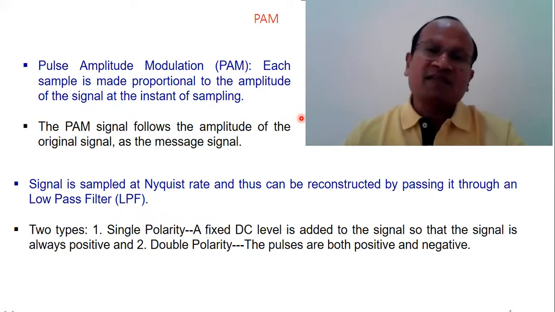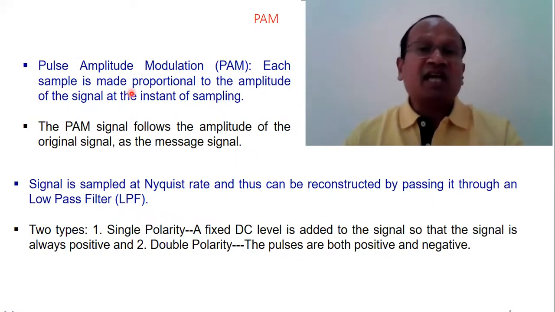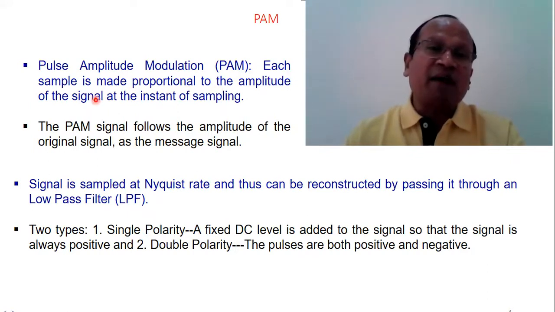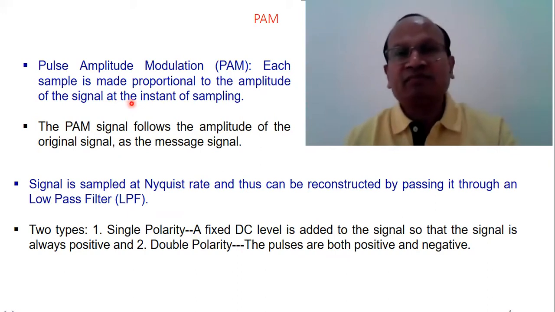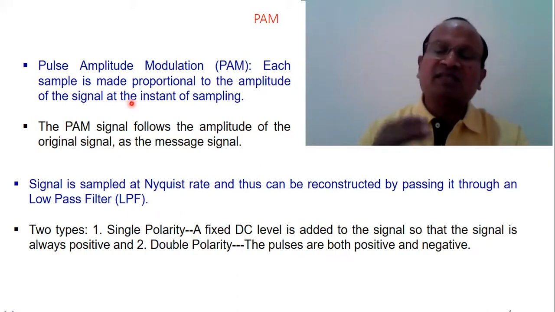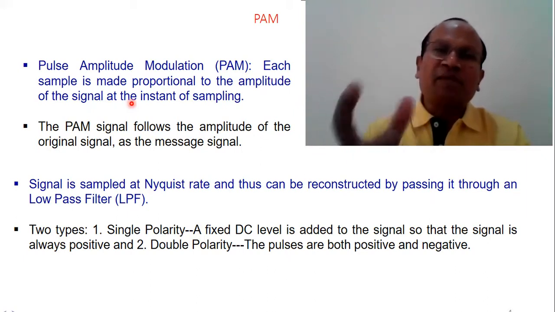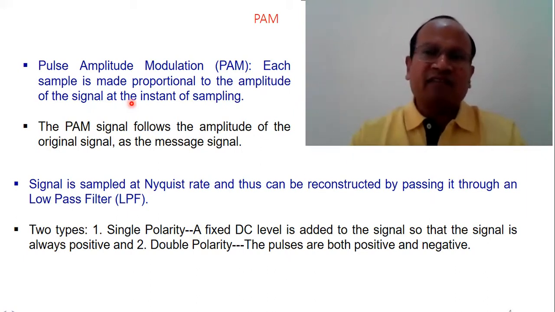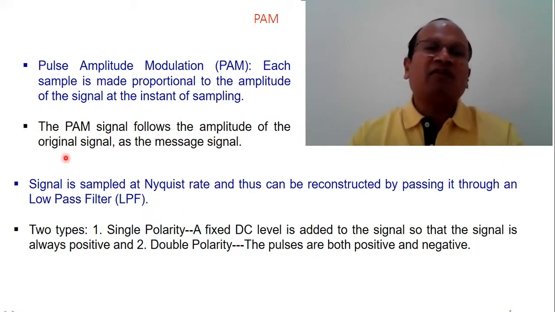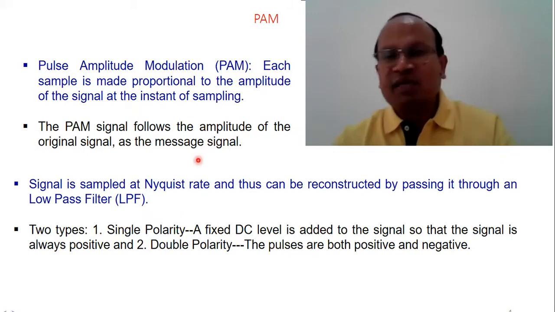In this modulation scheme, each sample is proportional to the amplitude of the signal at the instant of sampling. At the instant of sampling means all the pulses which are sampled there, those amplitudes will vary. The PAM signal follows the amplitude of the original signal as the message signal.